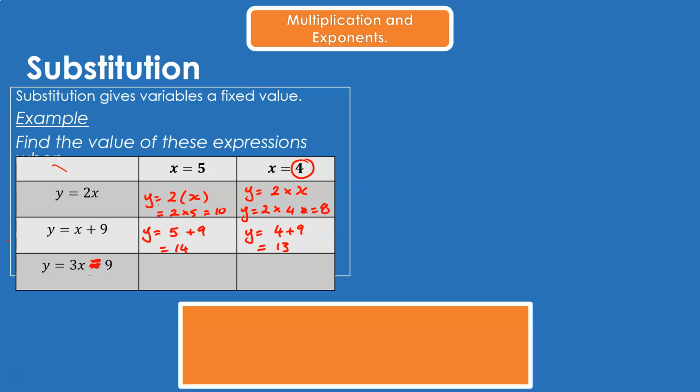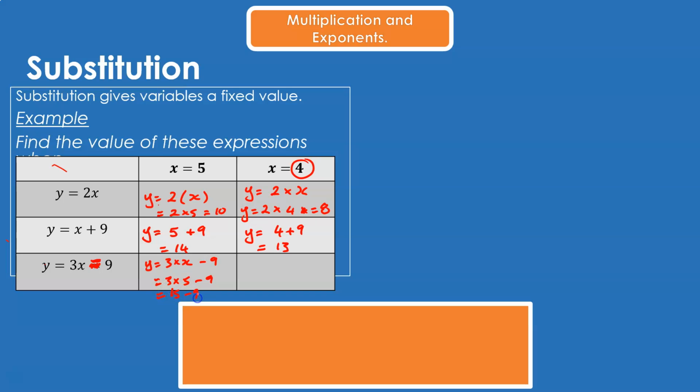So the next one's a bit of a combination. The key thing is keep the rules together. First of all, it's y is equal to 3 times x minus 9. And do your substitution. So 3 times 5 minus 9. Follow BEDMAS. So 3 times 5 is 15.